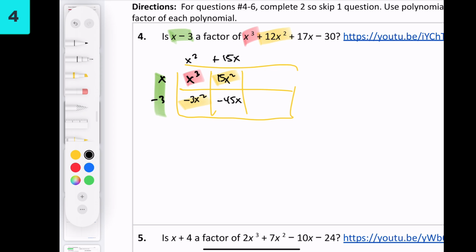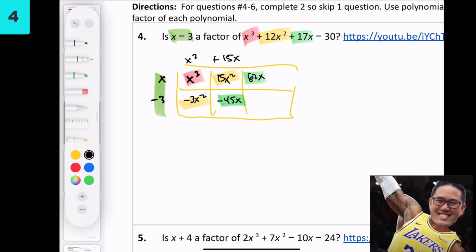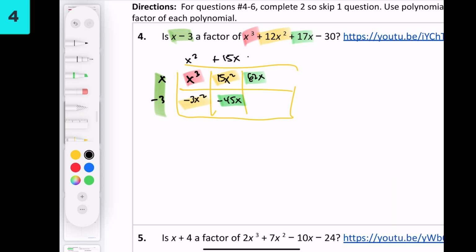Then multiply negative 45x. Negative 45x plus something equals 17. That'll be 62x. So this will be plus 62. That'll give us a negative 186. Then this plus this. Whoops, backtrack.